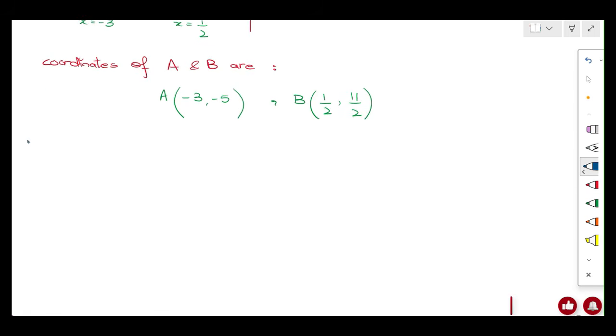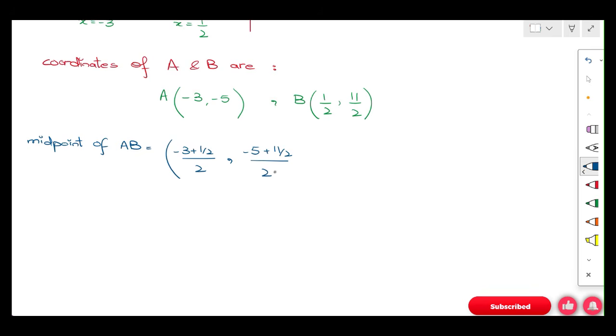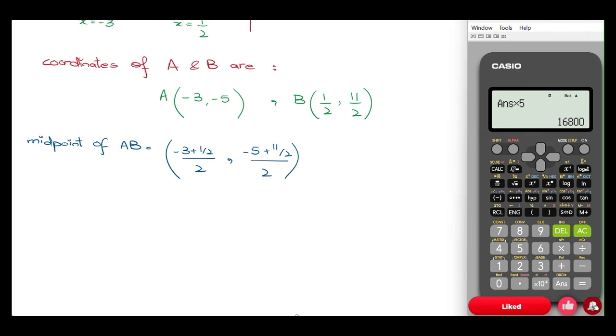Okay, so here we can say the midpoint of AB is: add the x components and divide by 2, add up the y components and divide by 2. You will get the midpoint. Now let me solve this.